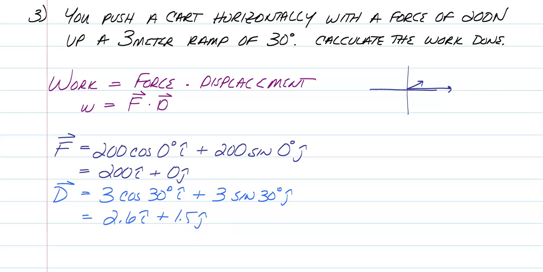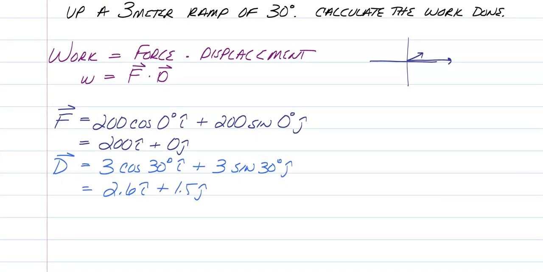So now we just have to find our work, and to do that we're just going to use the dot product. That means W is equal to F times D. So W is equal to 200 times 2.6 plus, and now we need our j components, which is going to be 0 times 1.5.